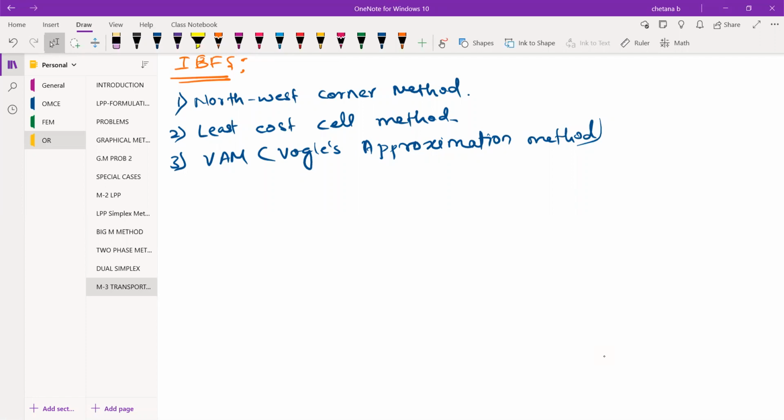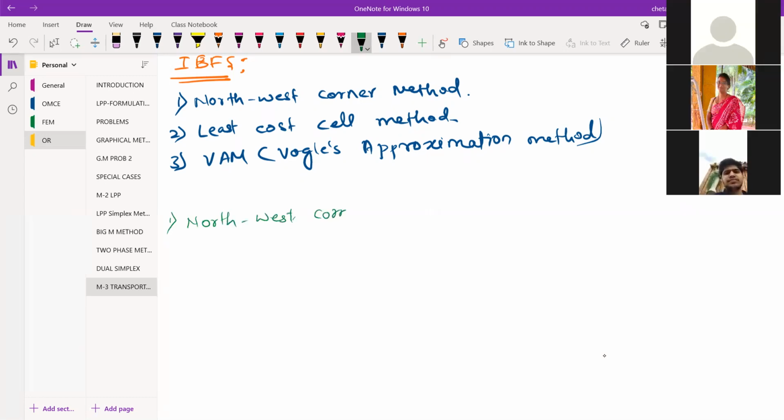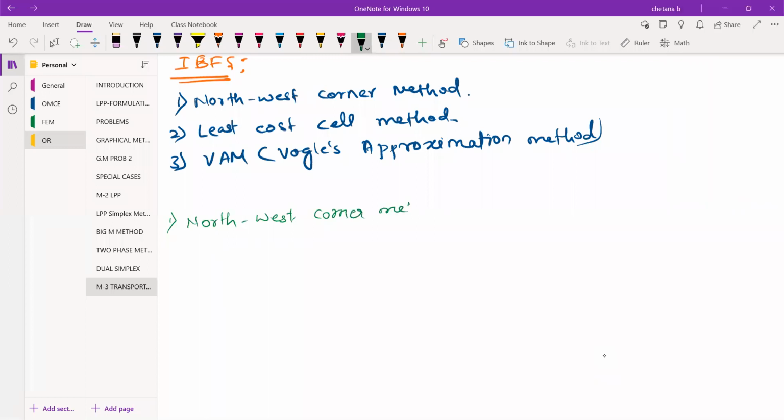So we will see all one by one. First, the northwest corner method. For this, we'll take the same example and try to understand all three methods.